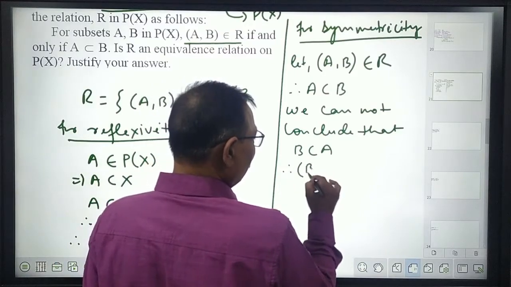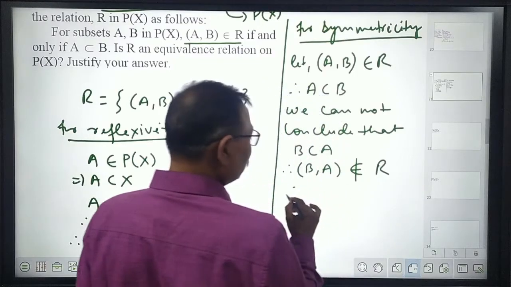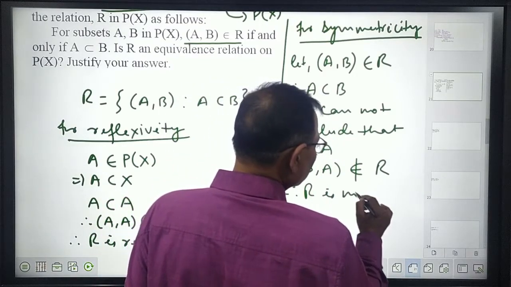Therefore, B comma A does not belong to R. Therefore, R is not symmetric.